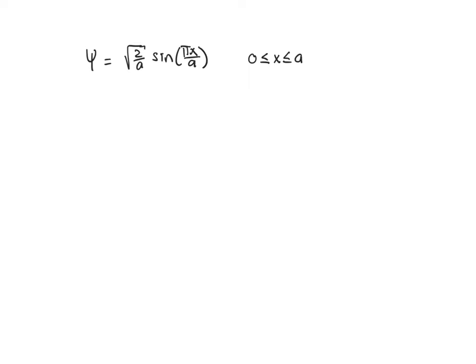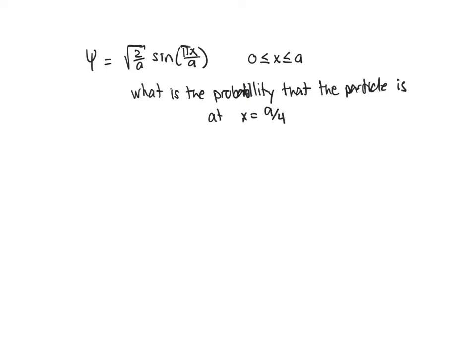Okay, so in this first example, let's imagine that we want to find out what is the probability that the particle is at x equals a over 4 plus or minus a over 1,000.